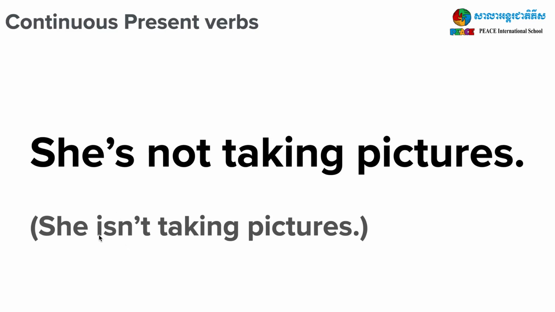It's the same because is not becomes isn't. So we can also say she isn't taking pictures. She's not taking pictures. She isn't taking pictures. Both are negative, continuous, present verbs.